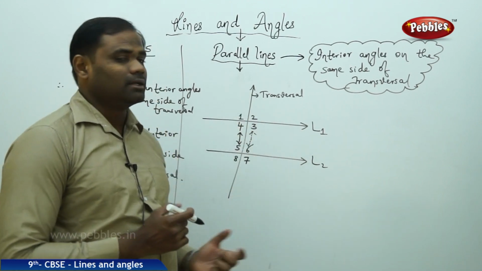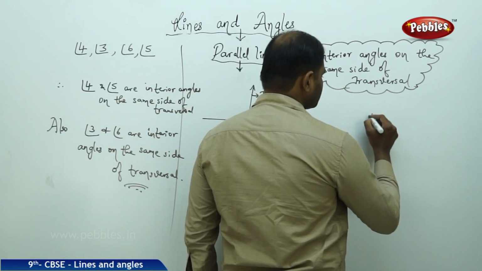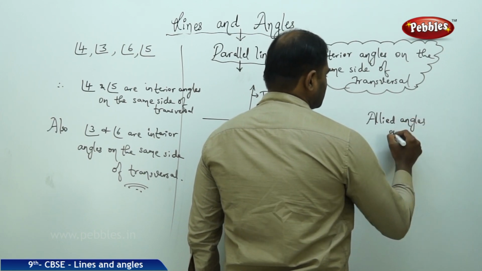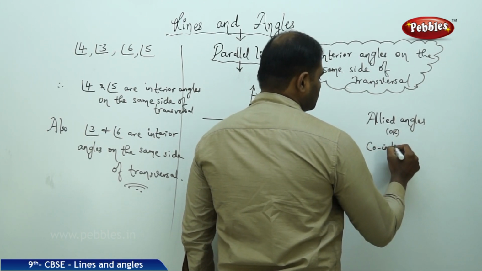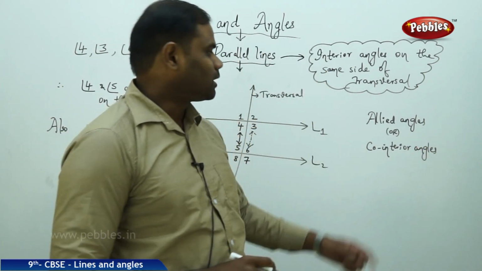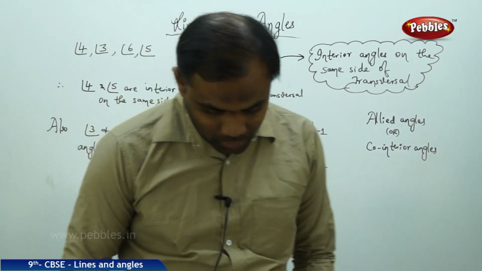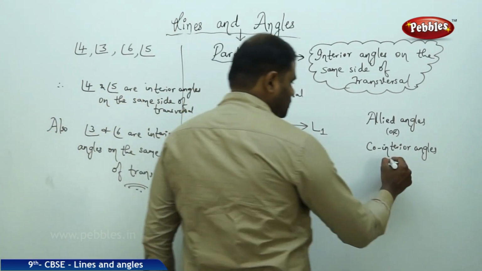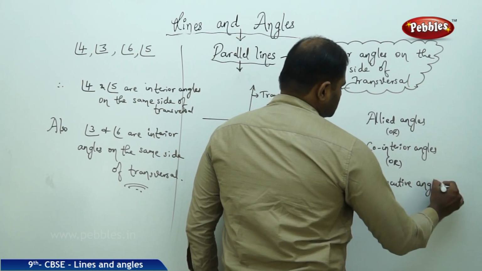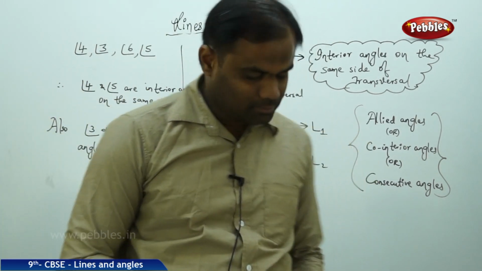Also, the interior angles on the same side of transversal are referred to by other names: allied angles, or co-interior angles, or consecutive interior angles. These are the different names given for interior angles on the same side of transversal.